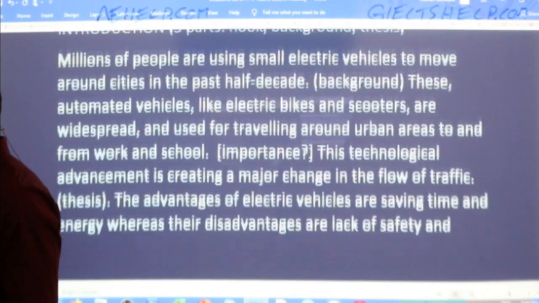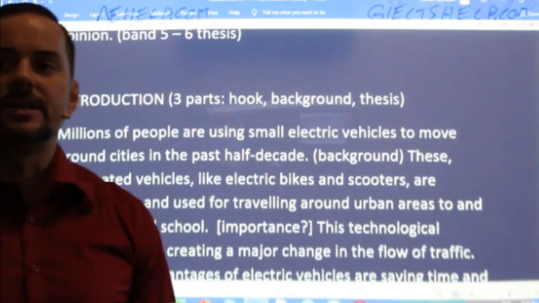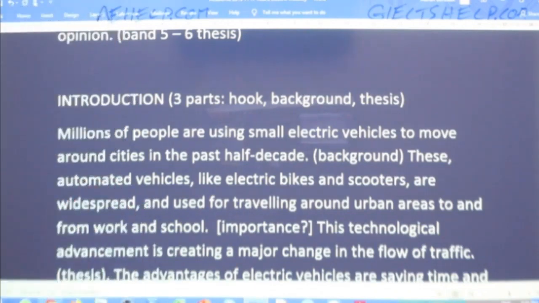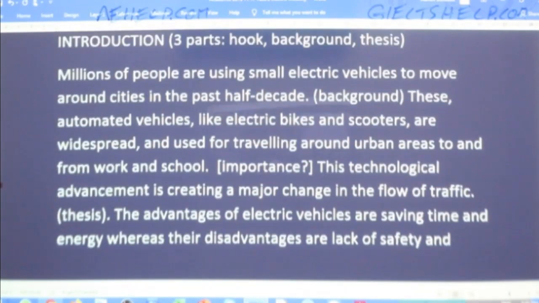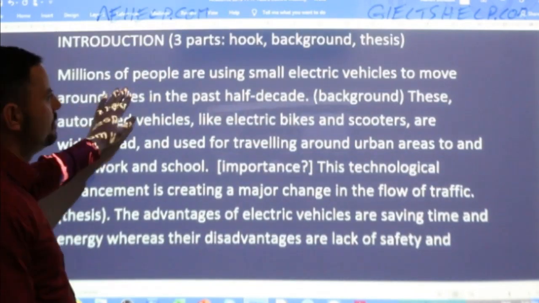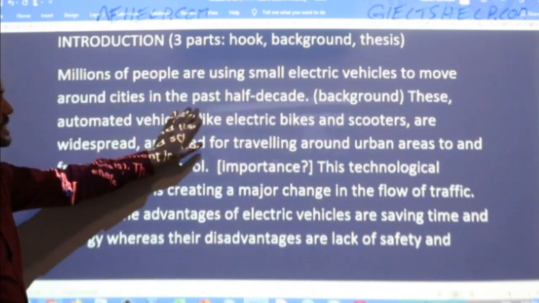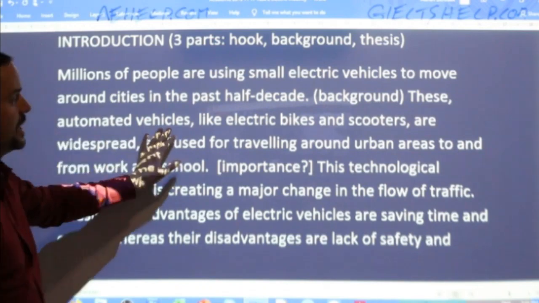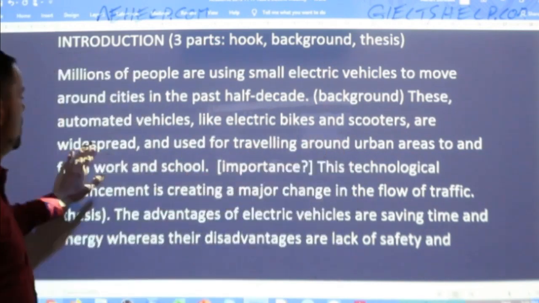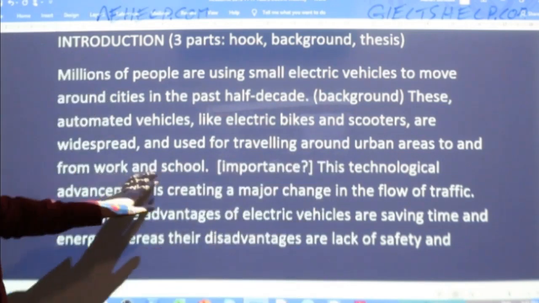Okay? So there is my band 9 introductory paragraph. Okay? Read with me. Millions of people are using small electric vehicles to move around cities in the past half decade. These automated vehicles, like electric bikes and scooters, are widespread and used for traveling around urban areas to and from work and school.